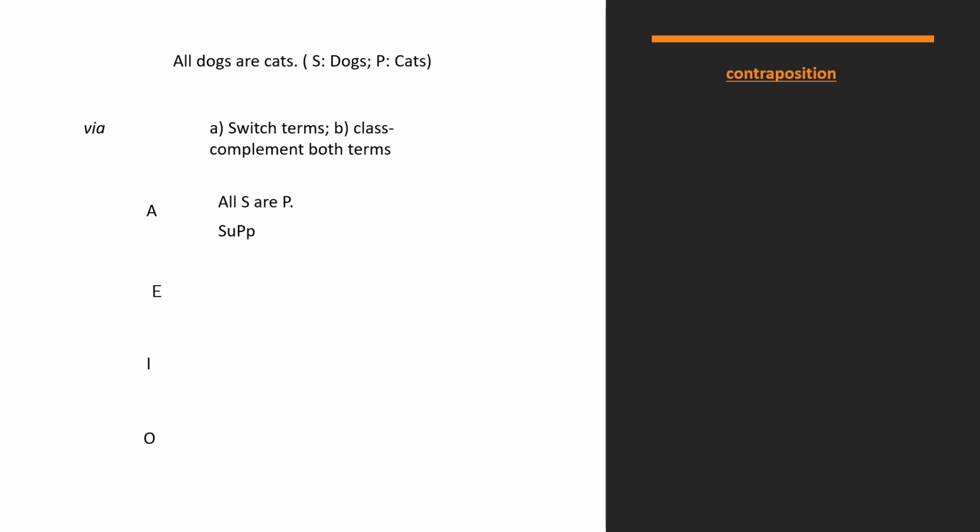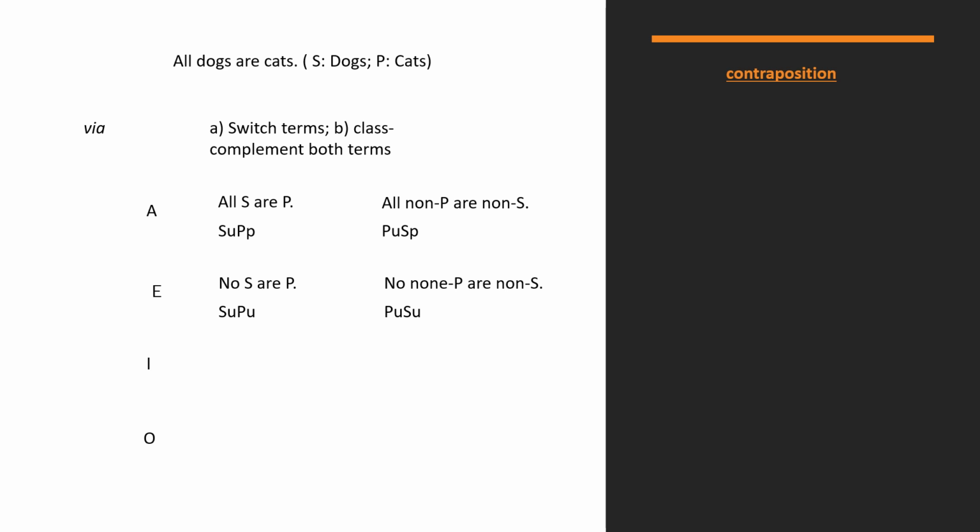So this is how we do it. Start again with all S are P with the distribution, and then switch the terms. We say all non-P are non-S because we have to complement both terms. So it changes the distribution of terms here. Look at that below. They change, right? And no S are P, therefore no non-P are non-S.